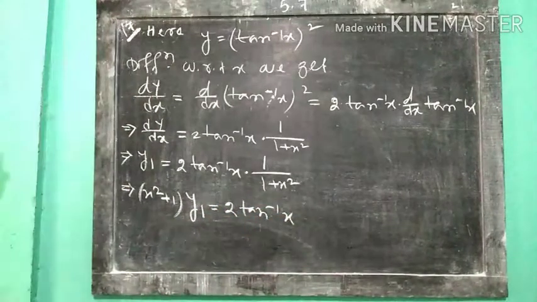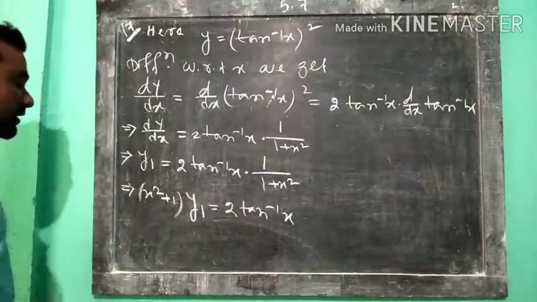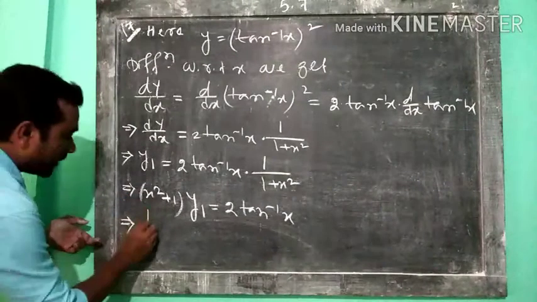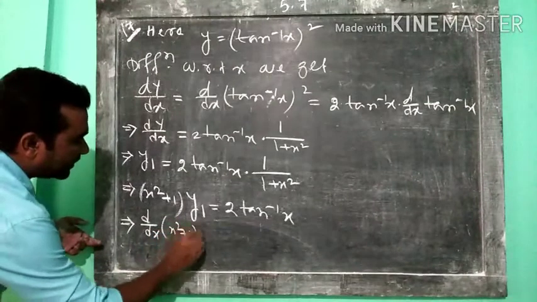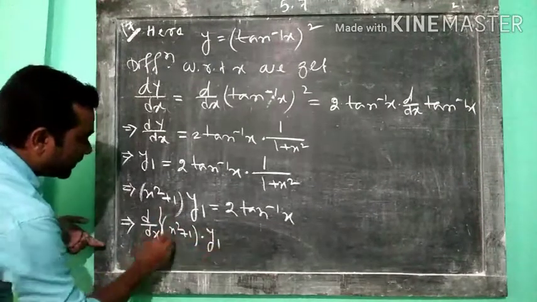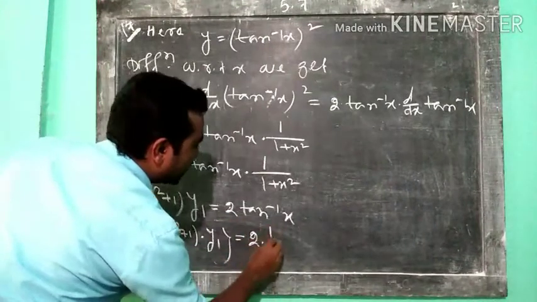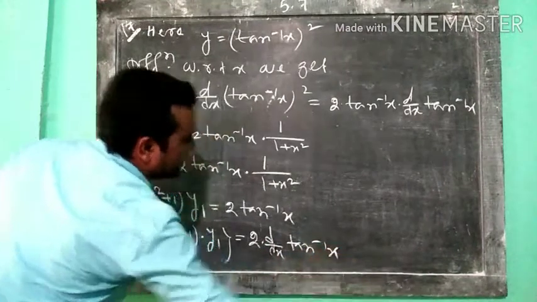This is equal to 2 tan inverse of x. Again differentiating with respect to x, we have d/dx of (x square plus 1) into y1 equal to 2, which is a constant, times d/dx of tan inverse of x.